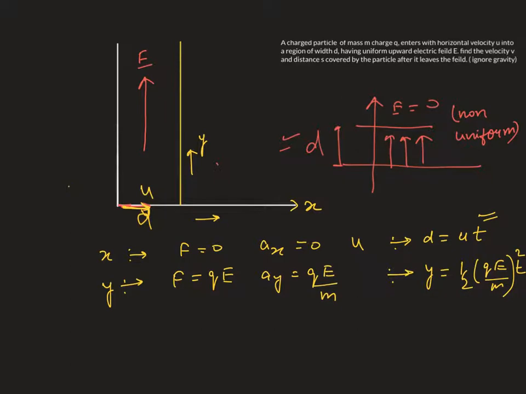So y equals half qE by m into d squared by u squared. And when we have found y, the path of the particle is going to be something like this.